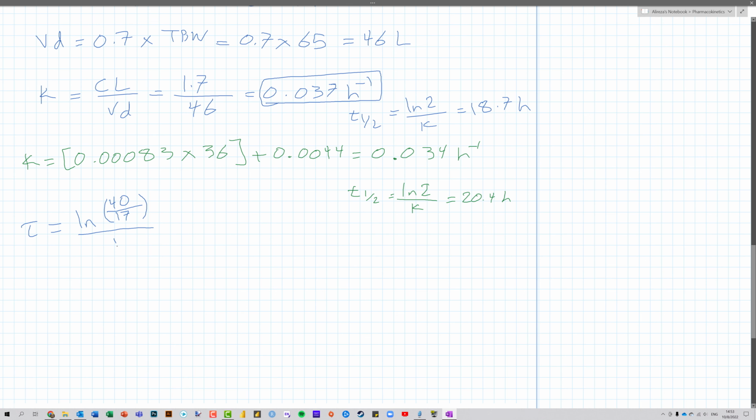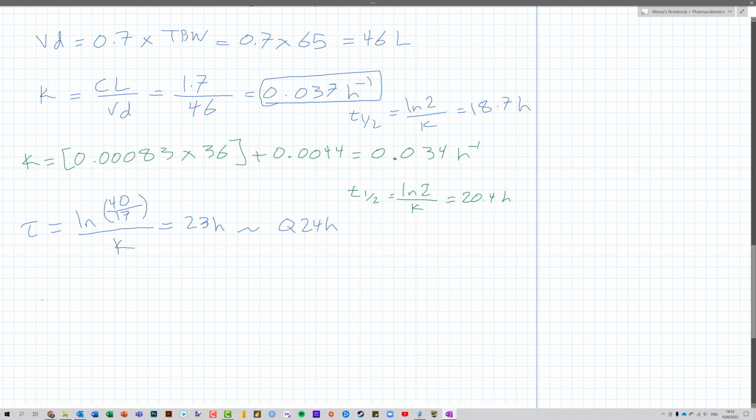And then divided by K. I'm using the blue K here, 0.037. That will give you a tau of about 23 hours, which I'm going to round to 24 hours. So I'm going to use 24-hour dosing for this patient. You want to use something that's clinically reasonable.